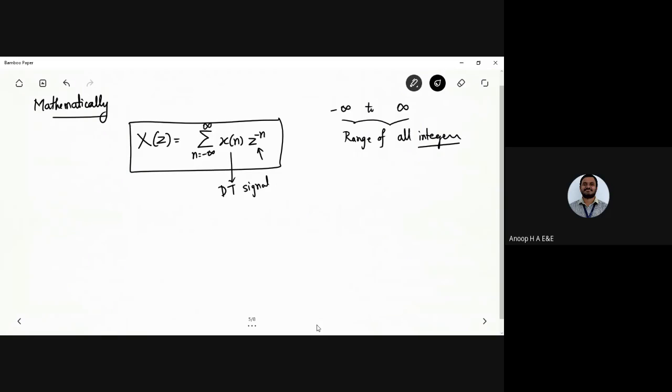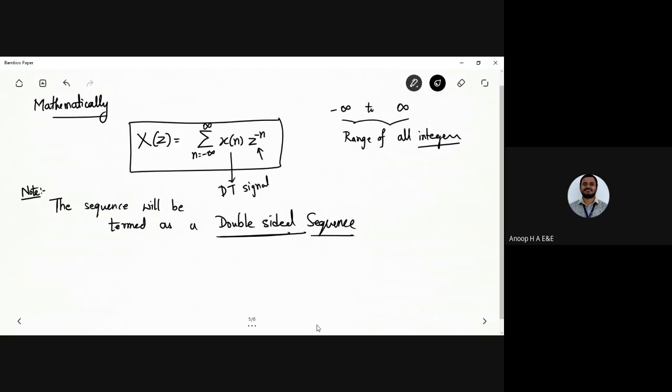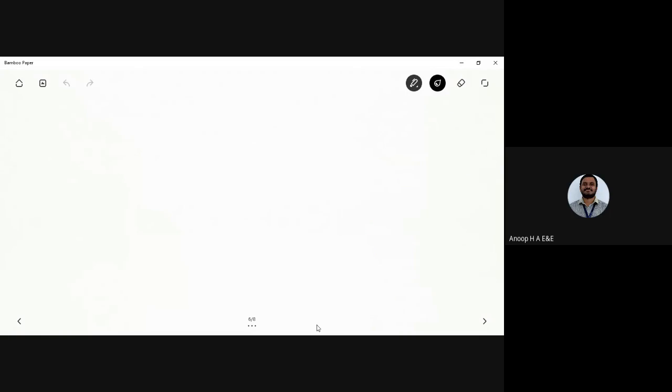You can analyze it as I discuss later with the left-handed sequence and right-handed sequence, and this sequence especially will be termed a double-sided sequence, or two-sided sequence, and the Z transform of it will be the double-sided Z transform. That is how I can define it.